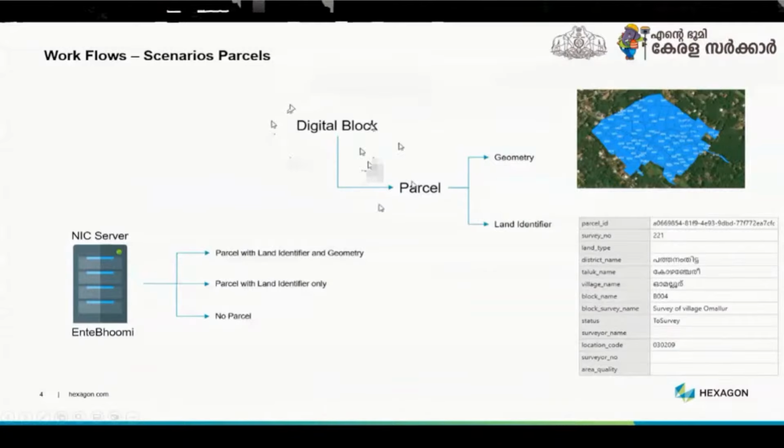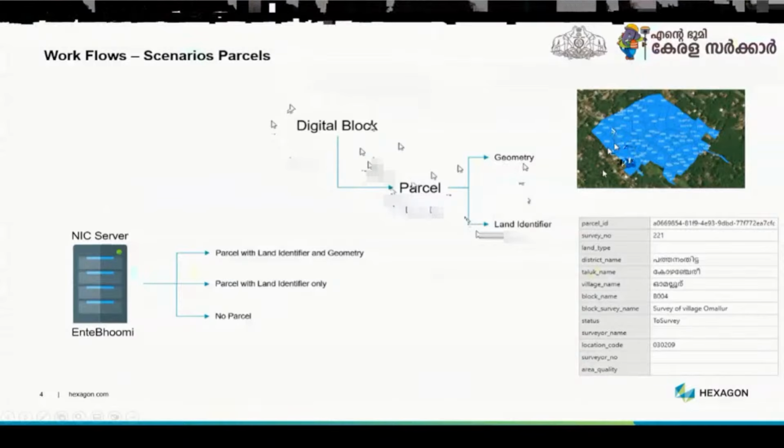Now, with parcels, every parcel ideally should have geometry and some land identifier, right? Geometry is typically the location and the lat longs of the parcel. But the land identifier will be something like parcel ID, land type, district name, taluk name where it belongs to, and then there is something called status.